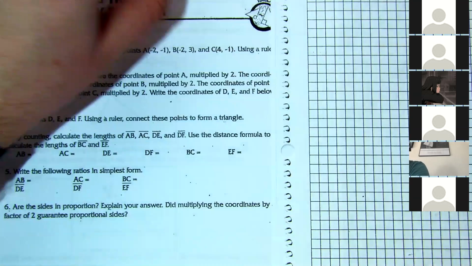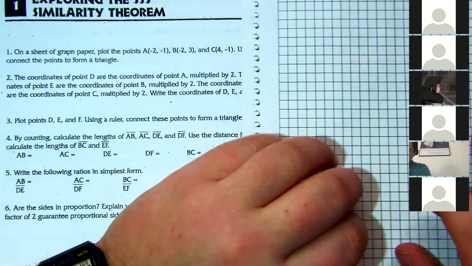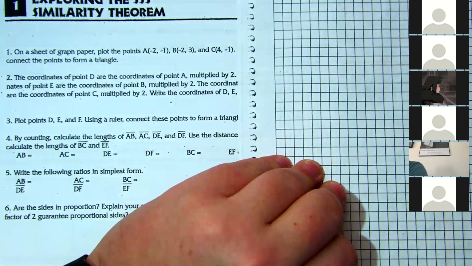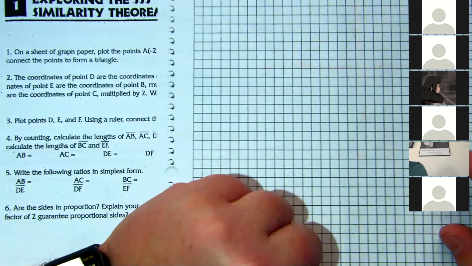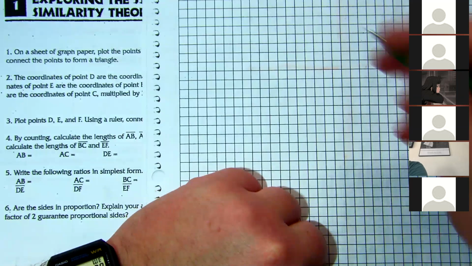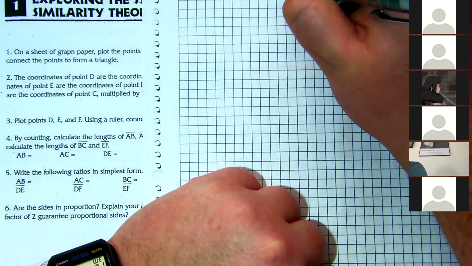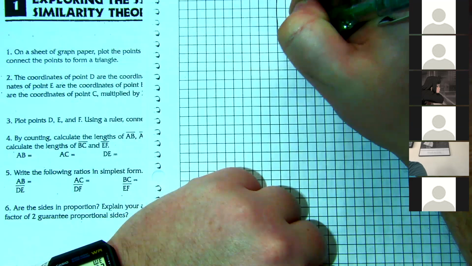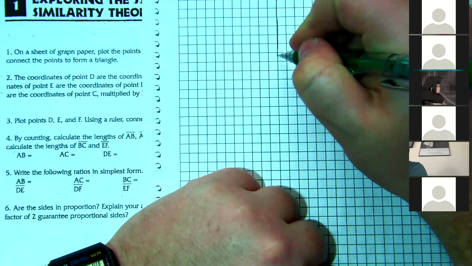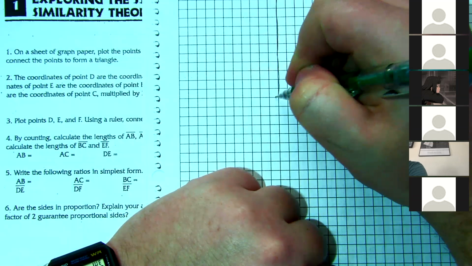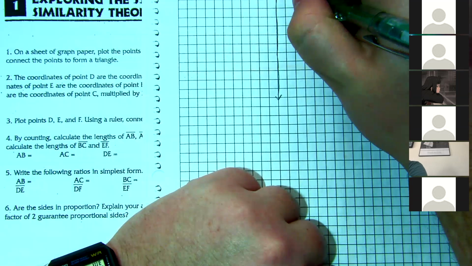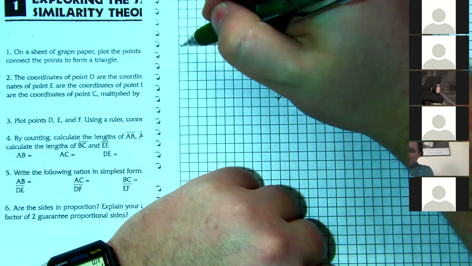The first thing we want to do is let's get a coordinate plane on our graph paper. I'm going to move that in here. And all we need for a coordinate plane, we need an x-axis, pardon, and we need a y-axis.